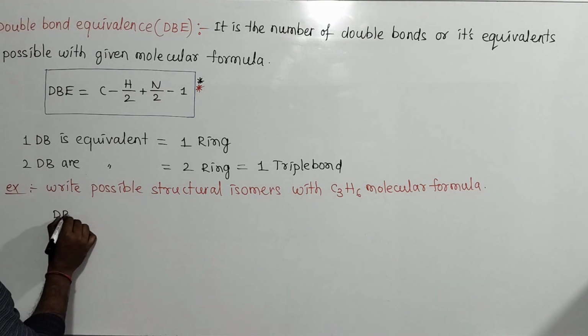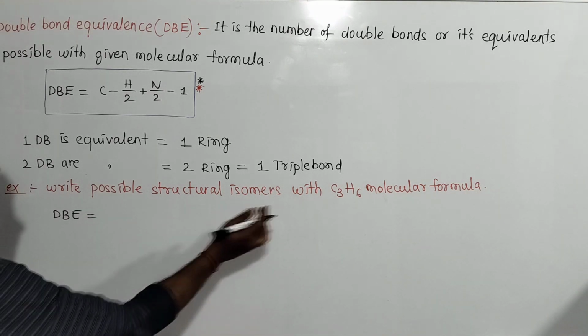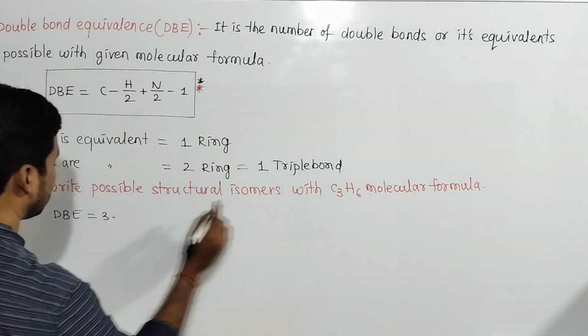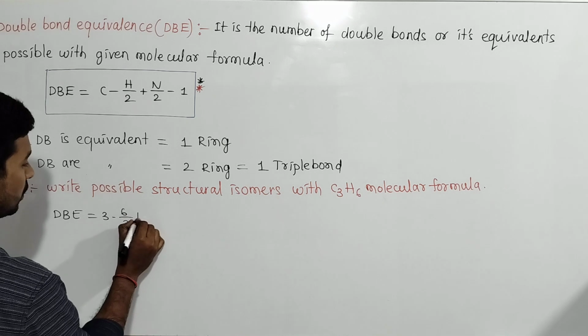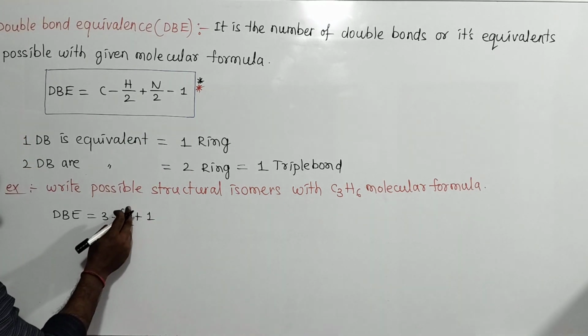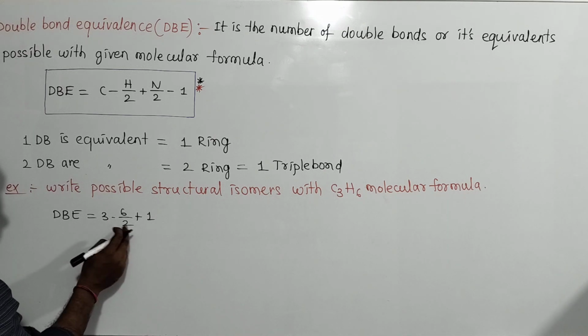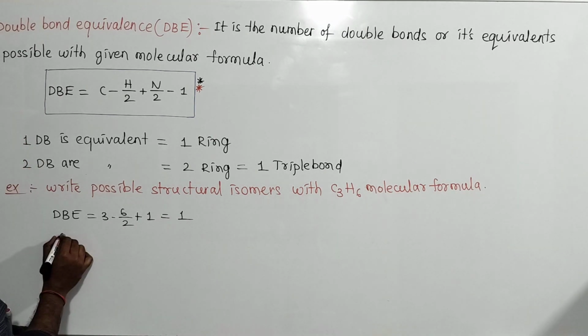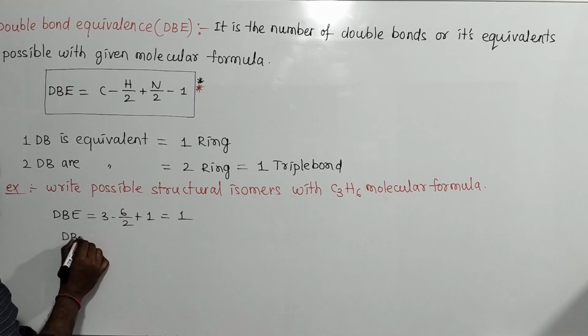Double bond equivalence is equal to how many carbon atoms? 3 carbon atoms minus the number of hydrogen atoms, which is 6, 6 by 2. Number of nitrogens are absent, plus 1. 3 minus 6 by 2, 3. 3 minus 3 plus 1. That is equal to 1. So double bond equivalence is equal to 1.